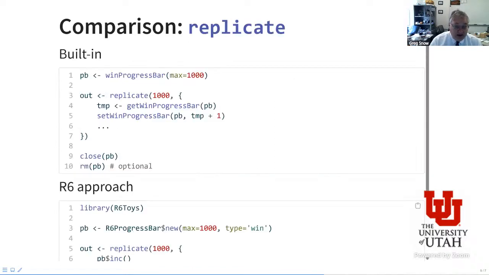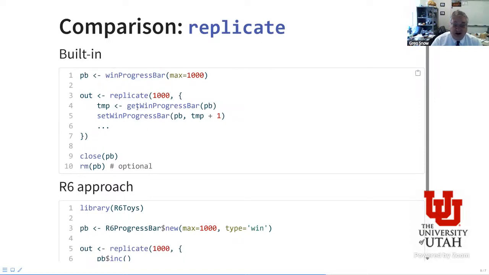Okay. So just as a comparison, using the built-in ones, if I wanted a progress bar while running the function replicate, I first create the progress bar. This creates a Windows progress bar. If you're not on Windows, you need to use either TK or text there. But you create the progress bar, and then inside of my replicate, here's the code I need to run.